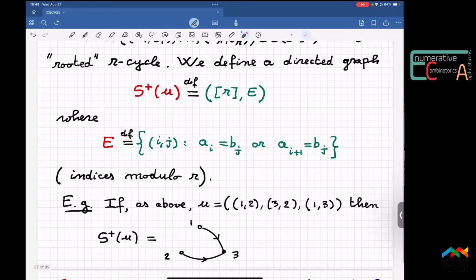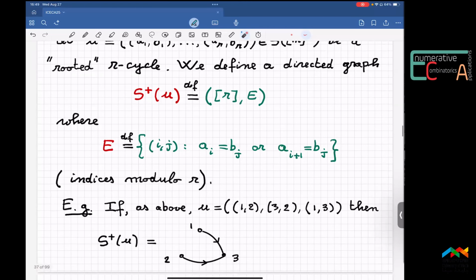Are there any directed edges coming out of vertex 3? Well, you have a directed edge from 3 to j if and only if either a3 is b_j, but a3 is 1, not equal to any b_j, or a4 is b_j, but a4 is a1, and it's also not equal to any b_j, so you have no arrows coming out of vertex 3. So this is your directed graph.